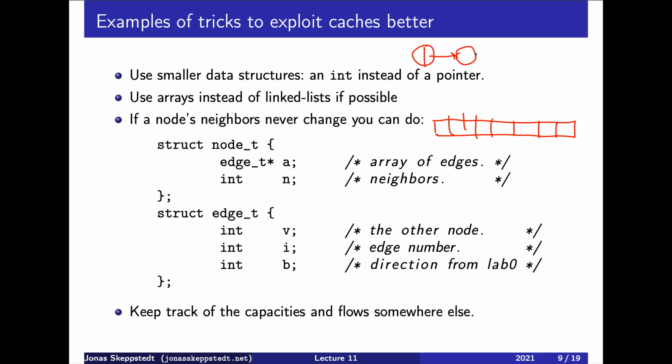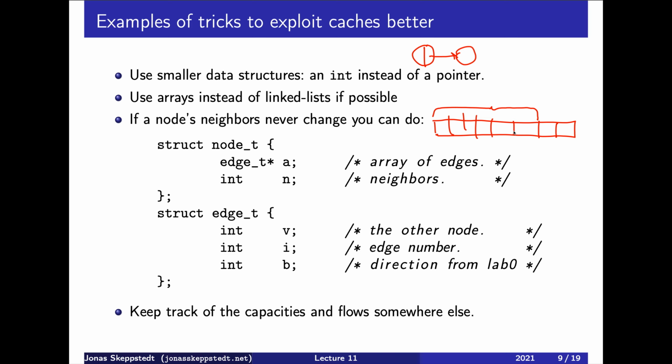It can be done in different ways, I mean how we allocate the memory, but the edges can be located anywhere in memory, and then we don't benefit from the spatial locality. In this way, doing an array, and arrays are usually very much better than linked lists, we get the benefit of spatial locality.